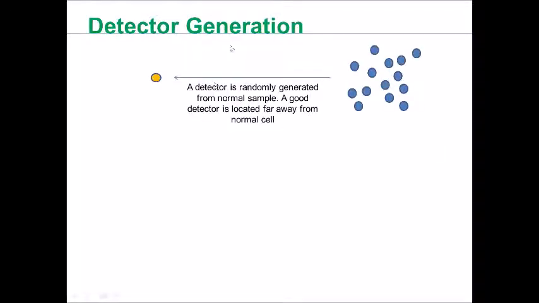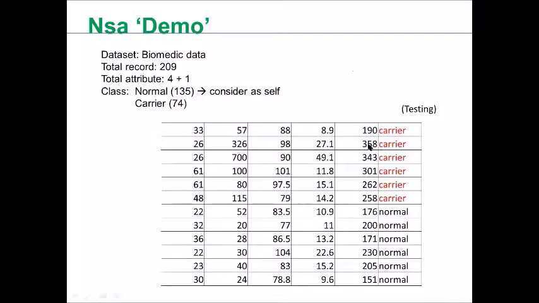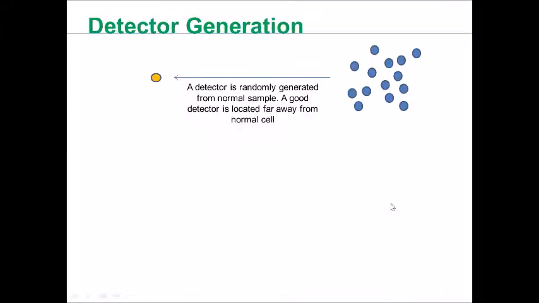Again, this is for detector generation. A detector is randomly generated from normal sample data. A good detector is located away from the normal cell. Based on this data, we want to generate the artificial detector. The characteristic of the artificial detector must be that it is positioned far away from the normal data.